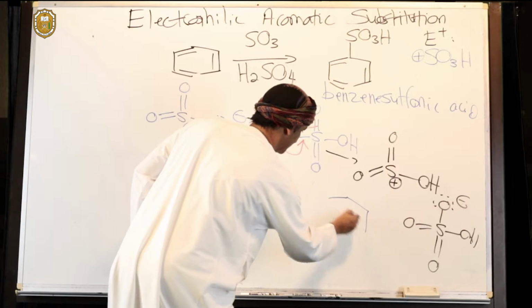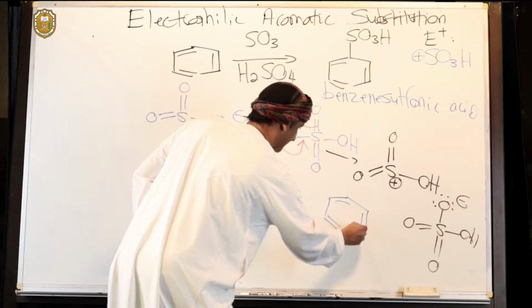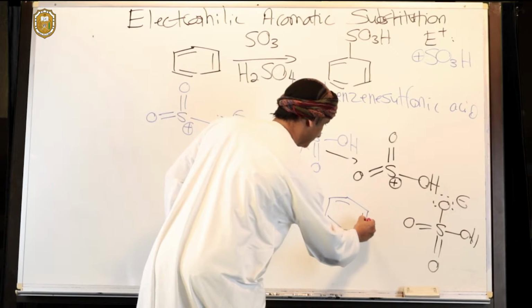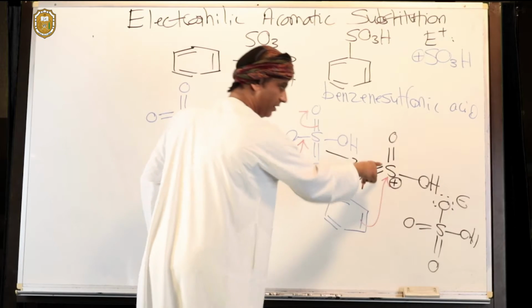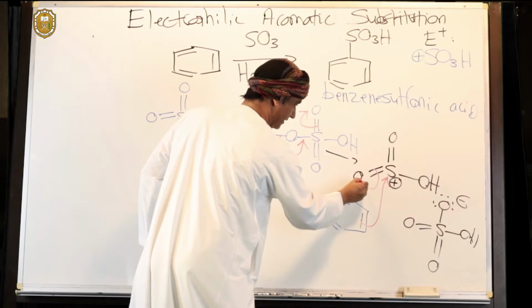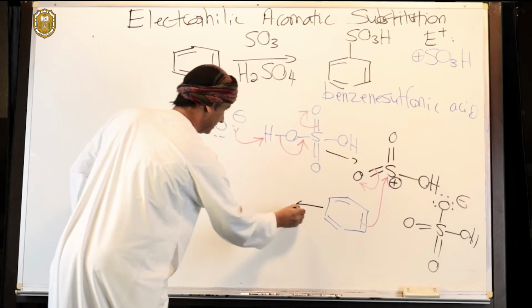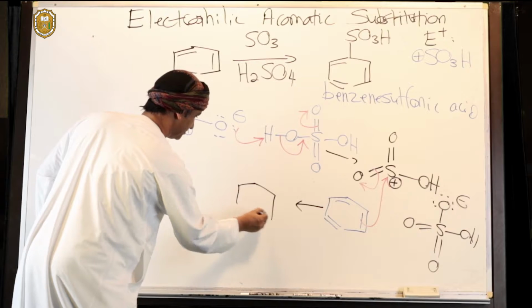So benzene comes in and it attacks sulfur on this electrophile. So we get something like this as an intermediate.